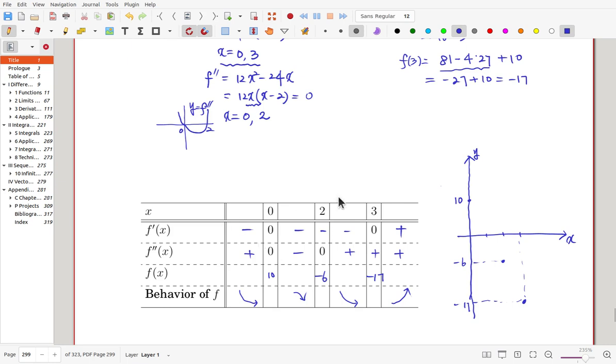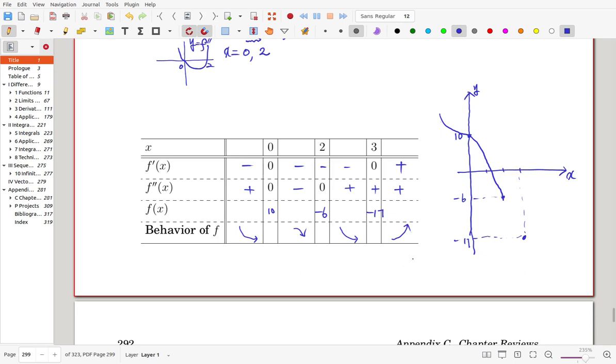So once x is less than 0, it goes down and is concave up. Between 0 and 2 it is going down and concave down, like that. Between 2 and 3 it is down but concave up, so it is turning like that. And after 3 it is up and concave up.